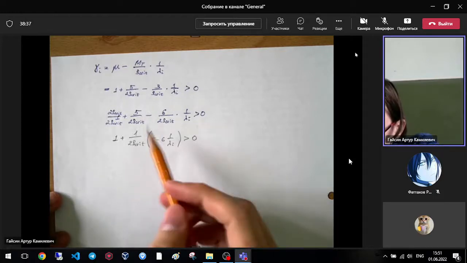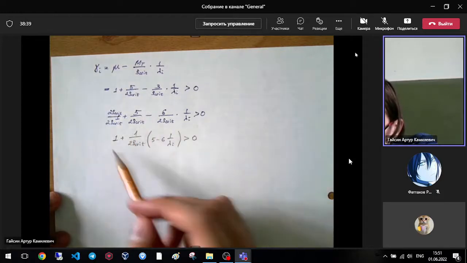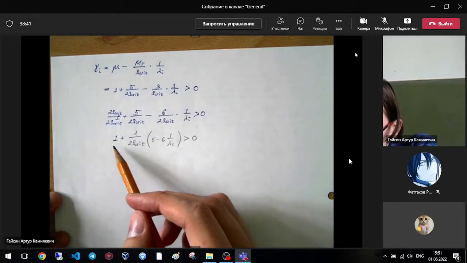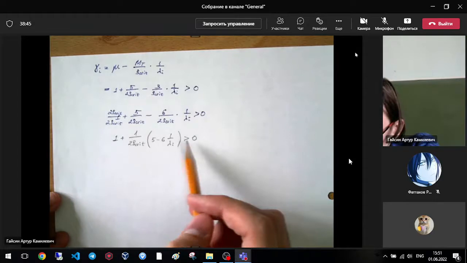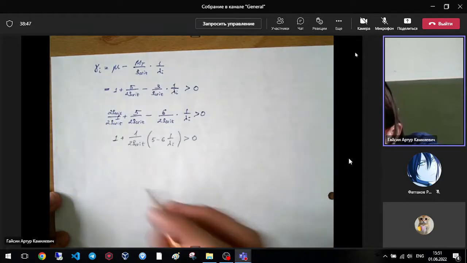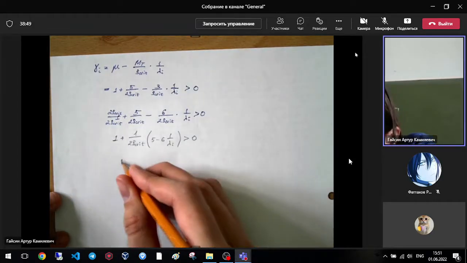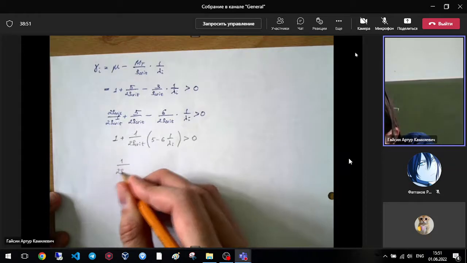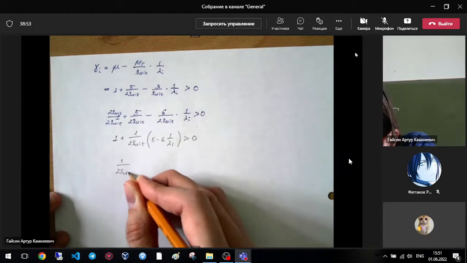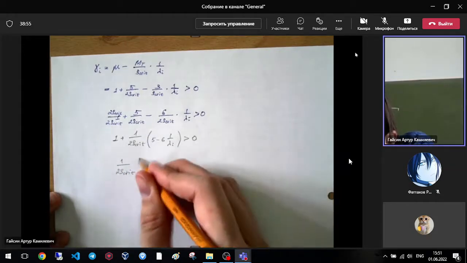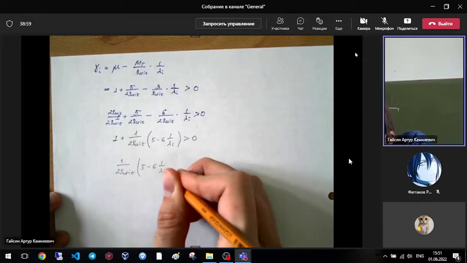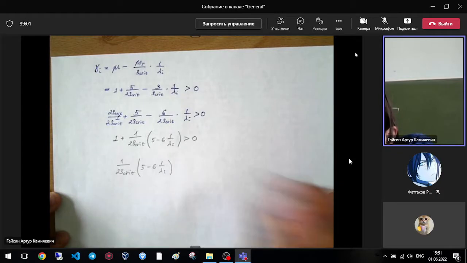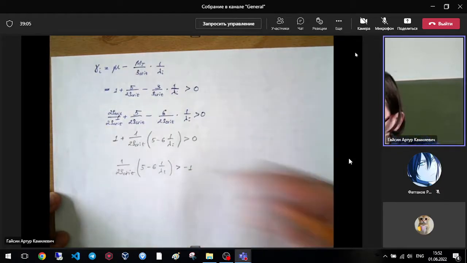So this overall thing should be more than minus 1. Okay. Then maybe we can do it as this thing. So let's write first that this thing, 5 minus 6, 1 over lambda I. So we first move minus 1 to the right side.